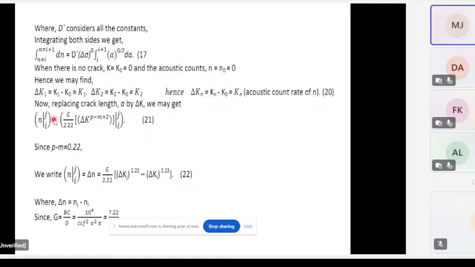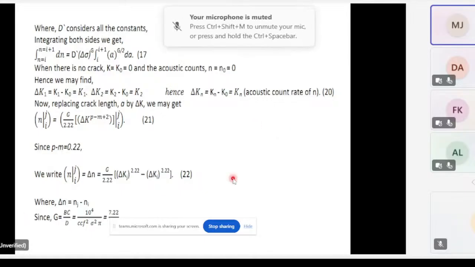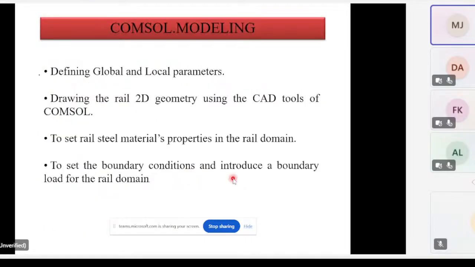Once it is there, I know that P minus M is 0.22. So I can replace P minus M by this one, and I get this. Ultimately, overall, I get a constant G. It is the mathematical juggling which we did.